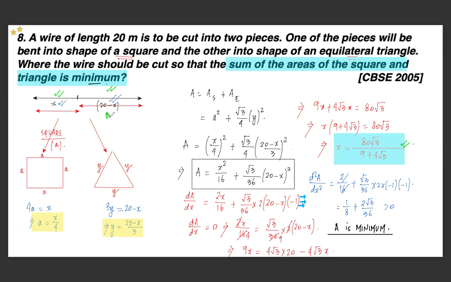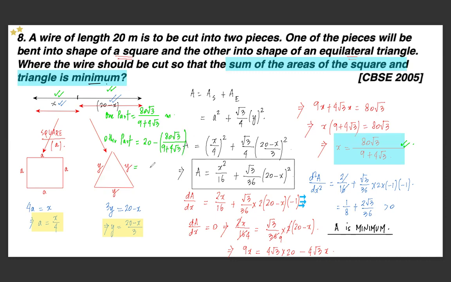So the solution is, one part is 80 root 3 upon 9 plus 4 root 3 meters, and the other part is 20 minus this value, that is 80 root 3 upon 9 plus 4 root 3.